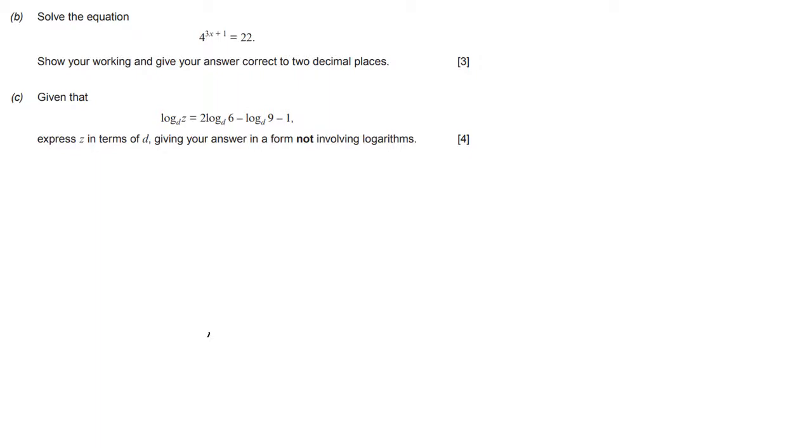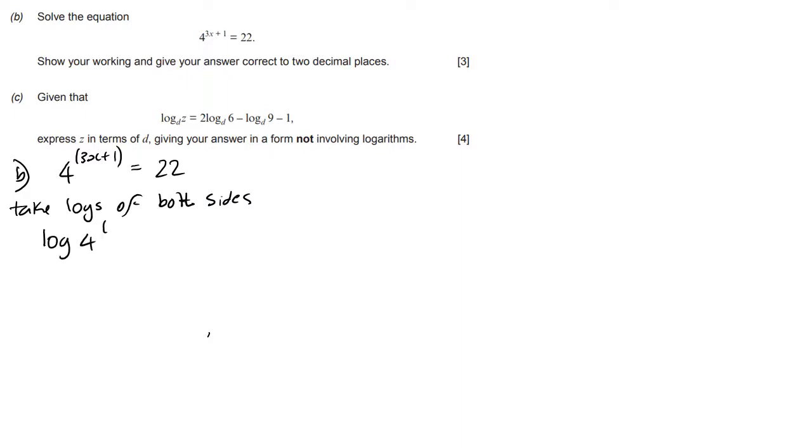So again, part B would be 4 to the power 3x plus 1 equals 22. Take logs of both sides. We would have log 4 to the power 3x plus 1 equals log 22.